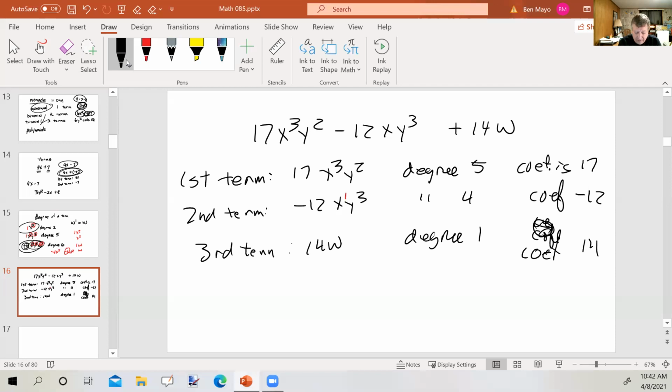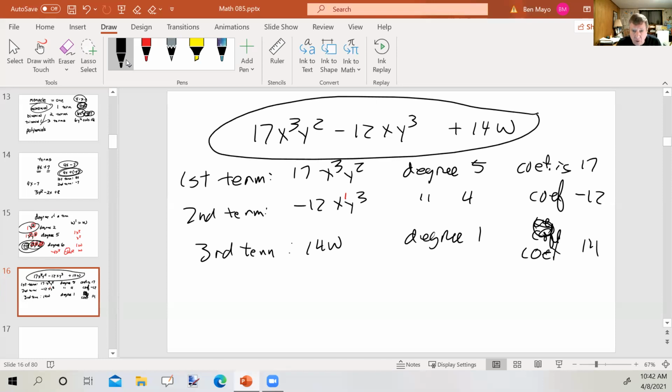All right. Now, let's talk about the entire polynomial. The degree of this entire trinomial is the same as the degree of the highest powered single term within the trinomial.